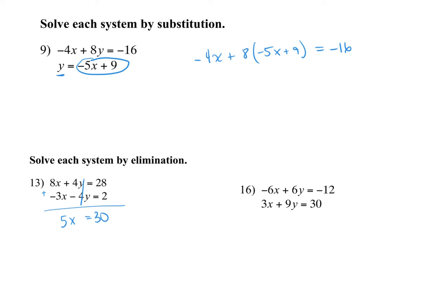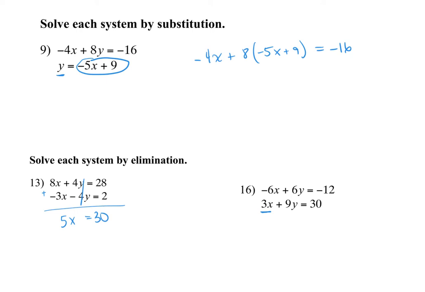And then you're going to have some like this. This is actually set up to solve by elimination as well. There's two things you can do here. I want to show you both because I want you to start recognizing maybe some shortcuts that you may not see. I could multiply this second equation by 2, right? If I multiplied by 2, I get a negative 6 and a positive 6.